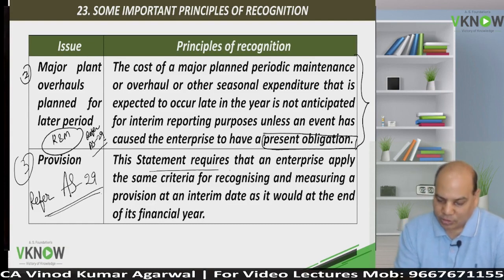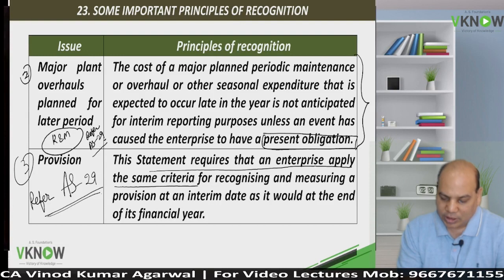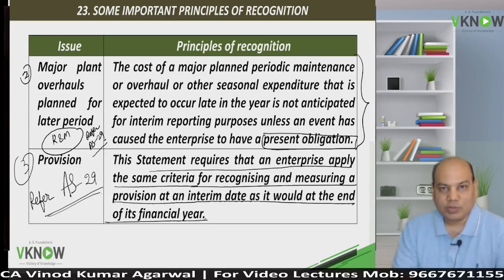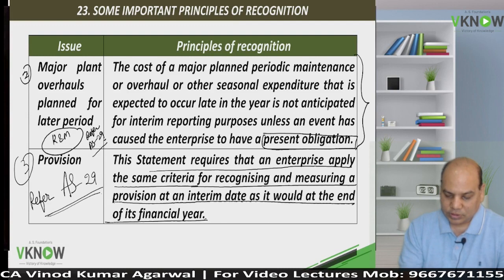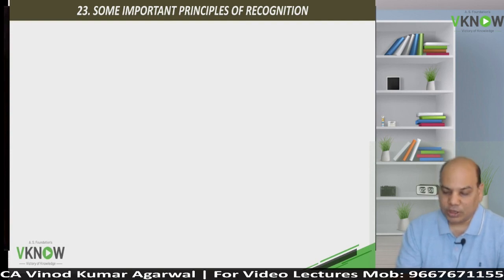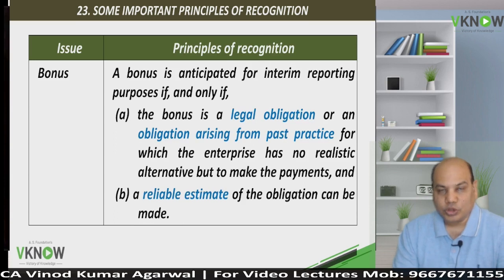The statement requires that an enterprise apply the same criteria for recognizing and measuring a provision at the interim date as it would at the end of its financial year. That means you follow the same recognition principle which you follow for annual accounting, and it will be used for making provision in the interim period.